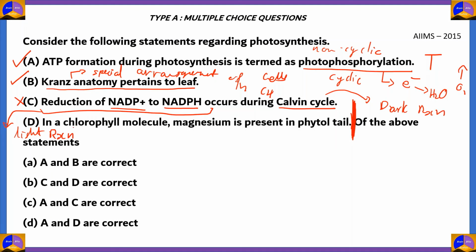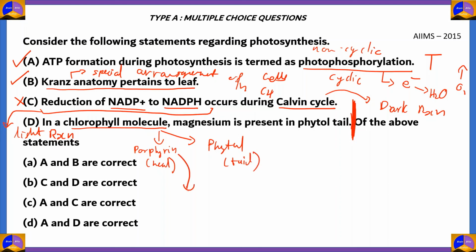Statement D, in a chlorophyll molecule, magnesium is present in phytol tail. Now, chlorophyll is divided into two parts: porphyrin, which makes up its head, and phytol, which makes up its tail.